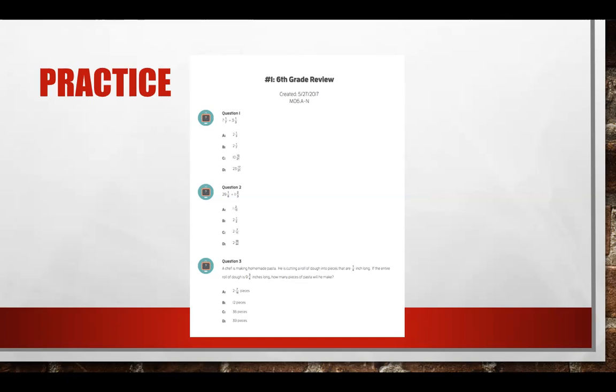So I know that I can reduce 132 over 210 as simple as, yep, 2 and 1/2. All right, so you'll have an opportunity to practice this on your own, and I'll show you just a few more that you can practice.